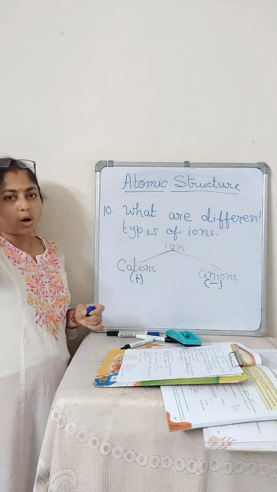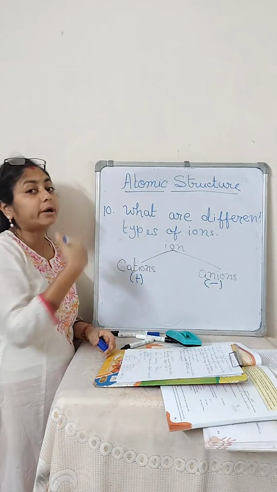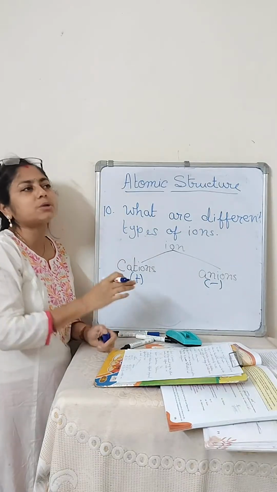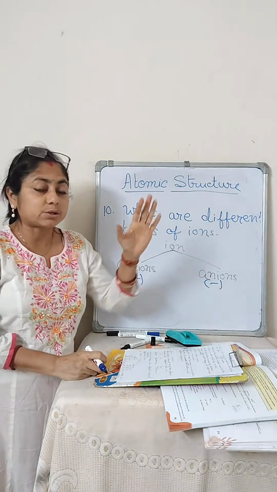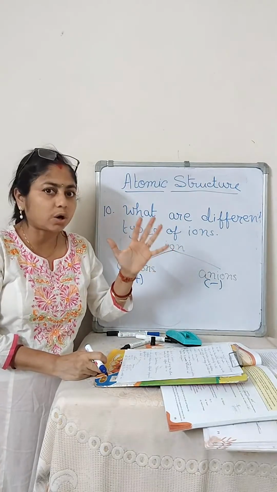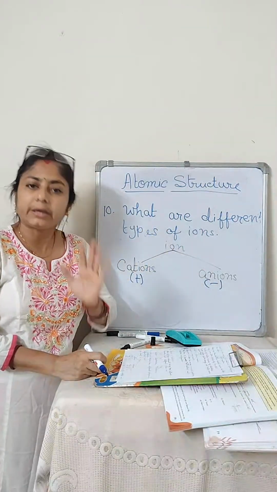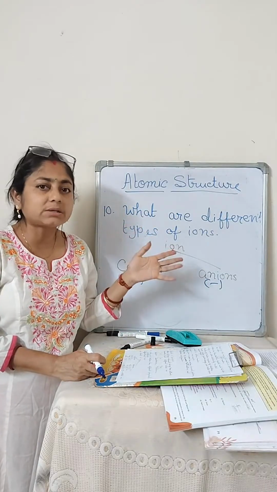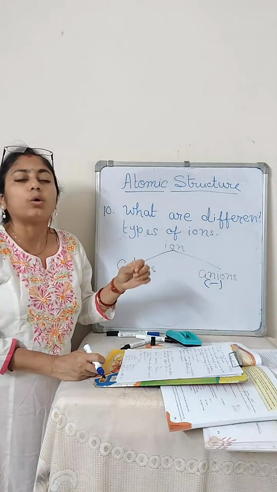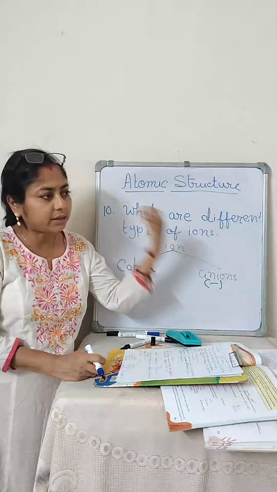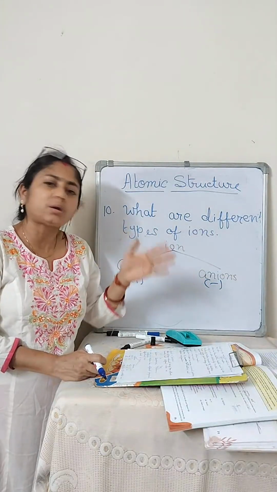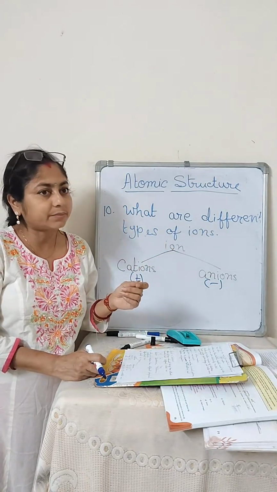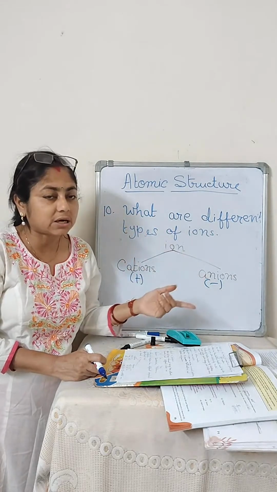When atoms donate electrons, the positive charge becomes extra. Suppose you have sodium. Sodium has 11 protons and 11 electrons. Now, sodium gave 1 electron. So the number of protons is 11, giving 11 plus charges, and electrons are 1 less, means 10 minus charges.